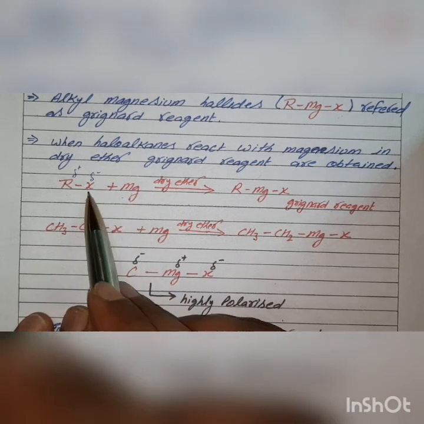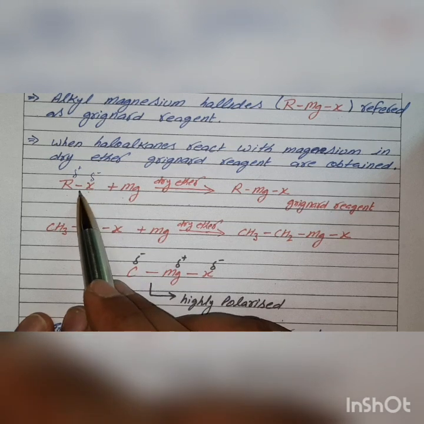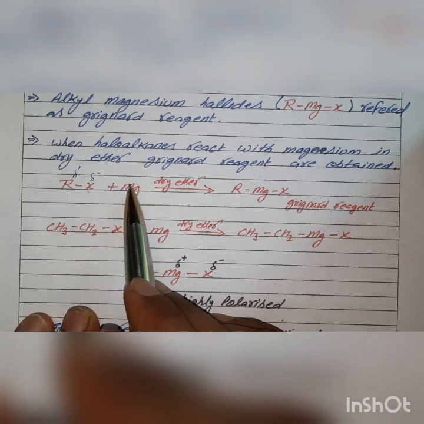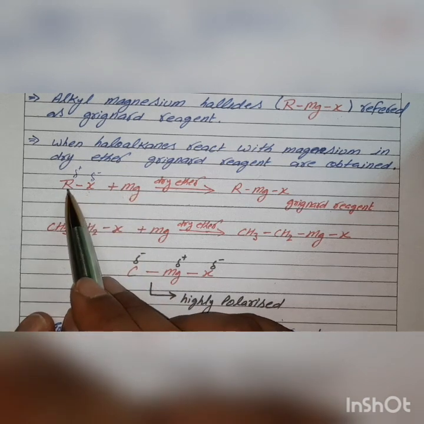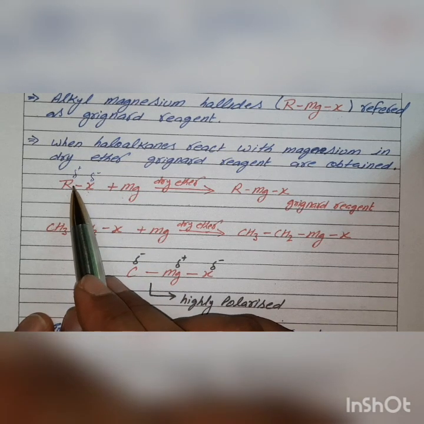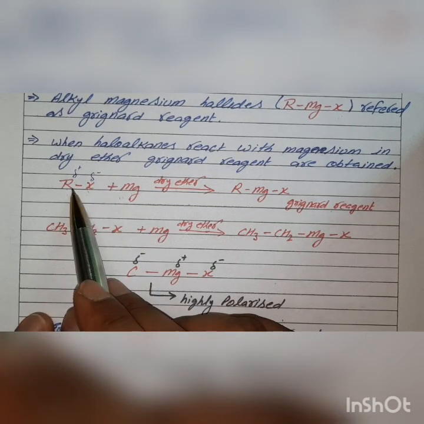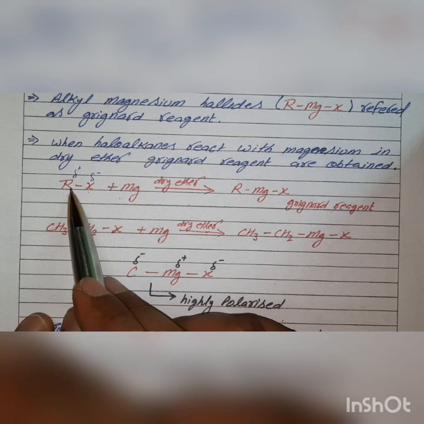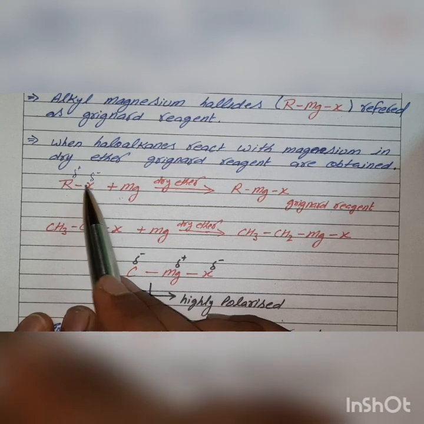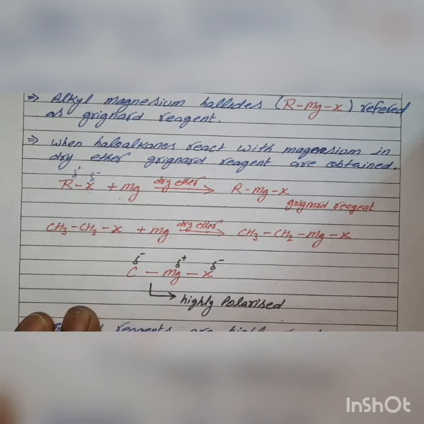So Mg links with the halogen, the carbon-halogen bond breaks, and another bond forms between Mg and the carbon atom. It is also a polar bond. When carbon links with Mg, carbon reacts as electronegative, because Mg is more electropositive than carbon.